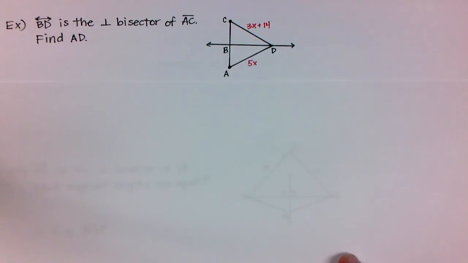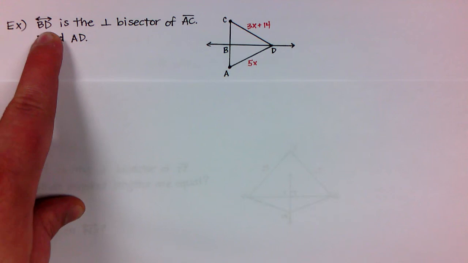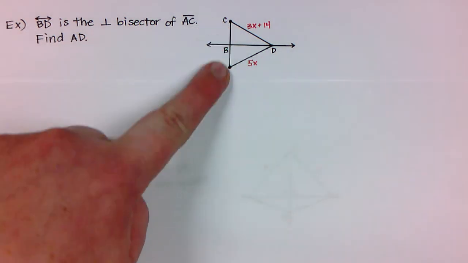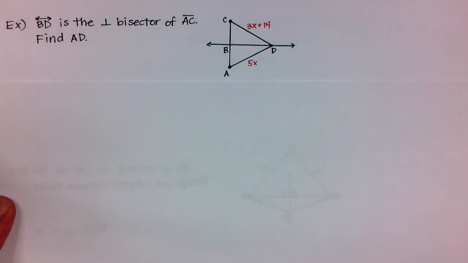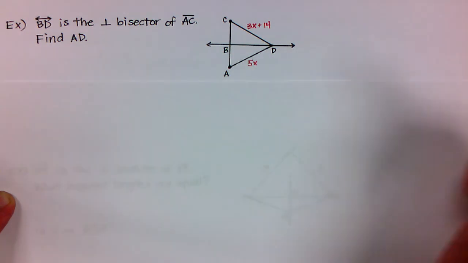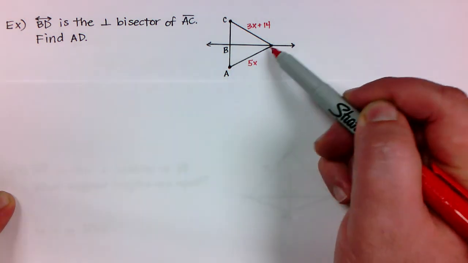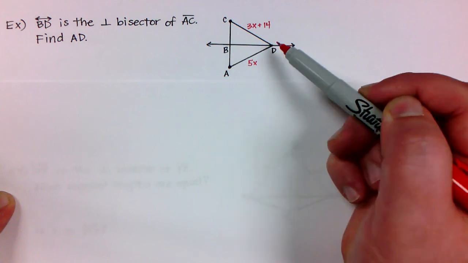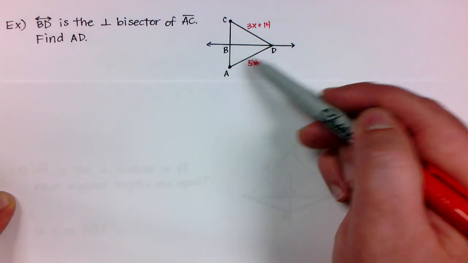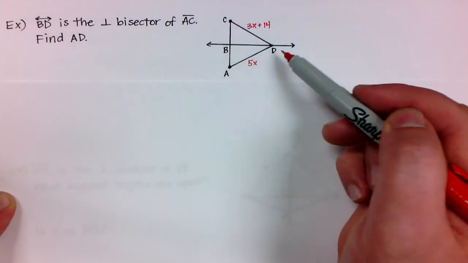Our first example already tells us that BD, that line, is the perpendicular bisector of AC, of this segment right here. And all it wants me to do is to find AD. Well, because I just have those two theorems, I know that AD, since D is on the BD bisector, then AD must be equal to CD.